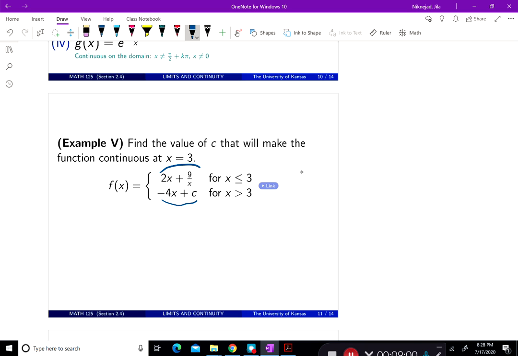And so what we're saying is that each piece is continuous, but the part where they are pieced together may not be continuous.